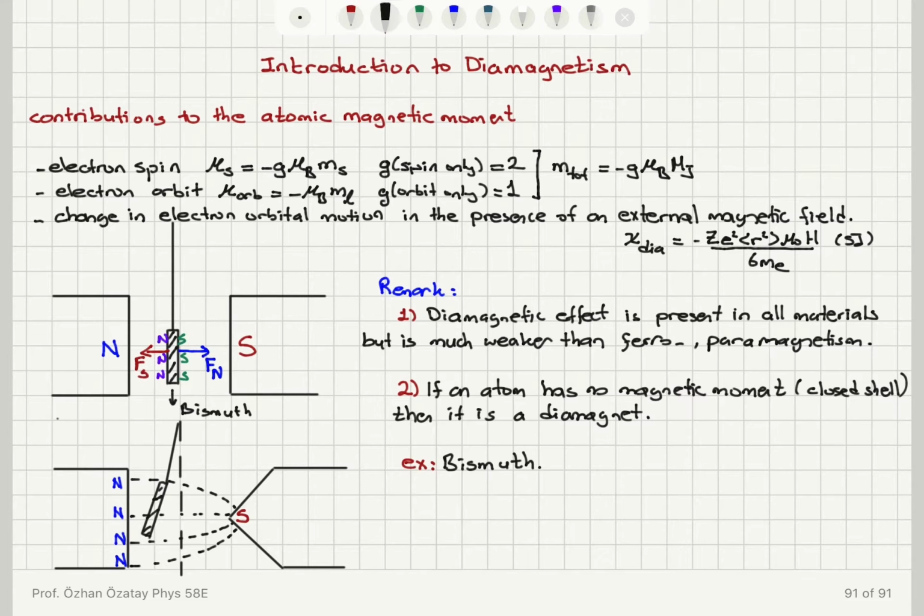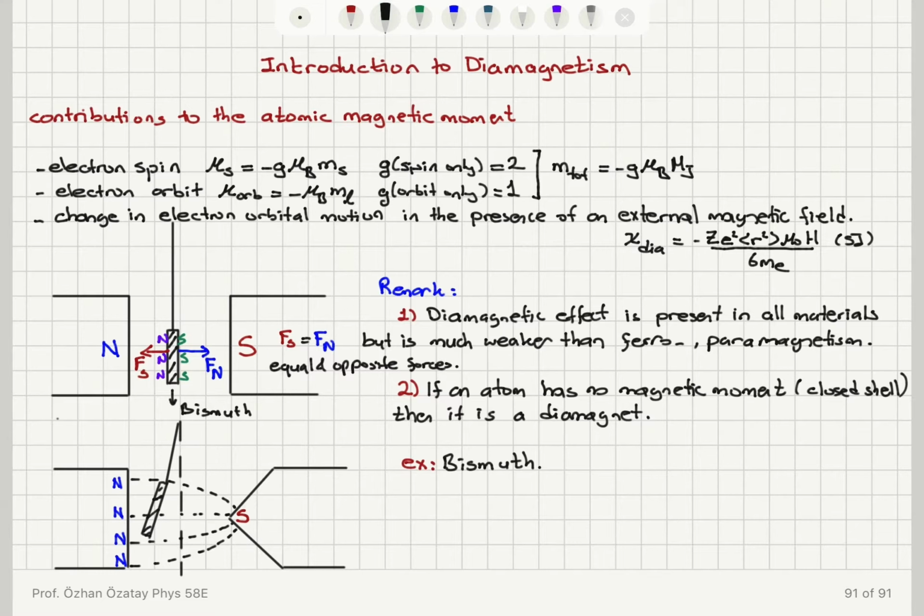Since Fs will be equal in magnitude to Fn, basically this bismuth rod will not move. So you will see equal and opposite forces. This actually leads to levitation of bismuth.